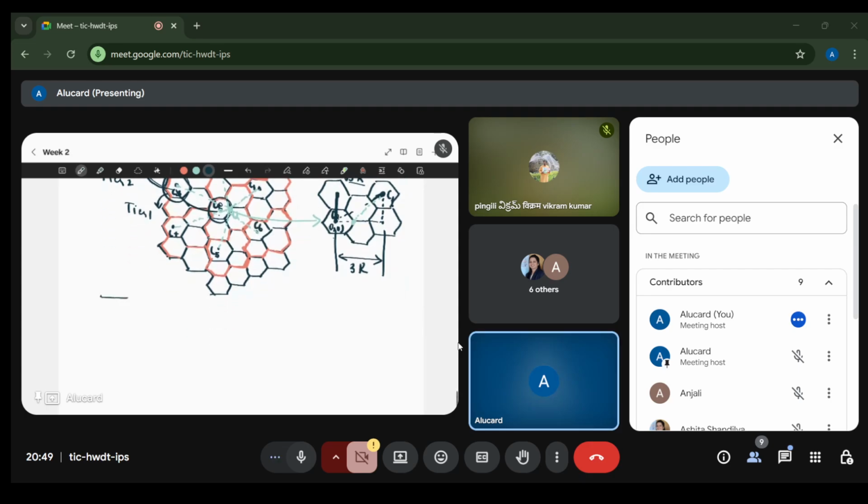See, in this hexagon, this distance is R. This length is also R. This distance is R. This is actually what is called d, and d is root 3R over 2.